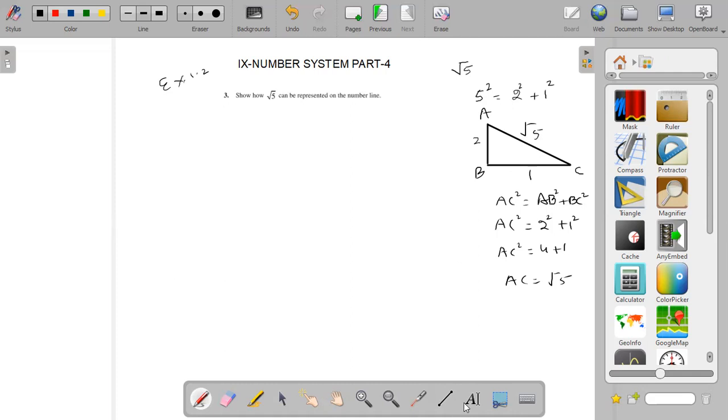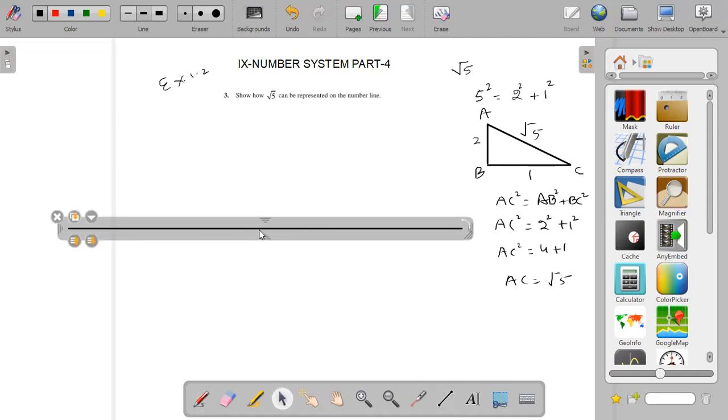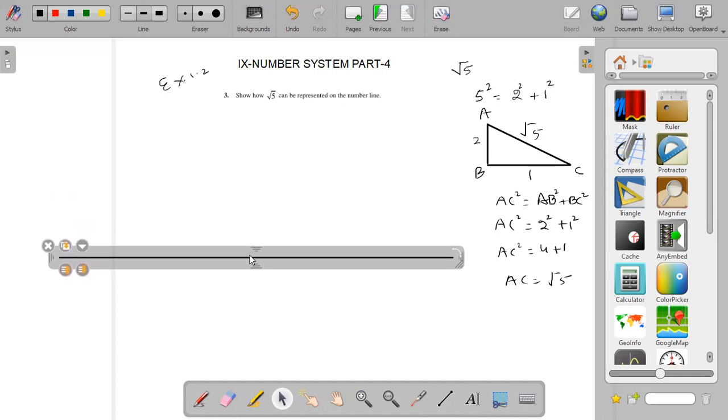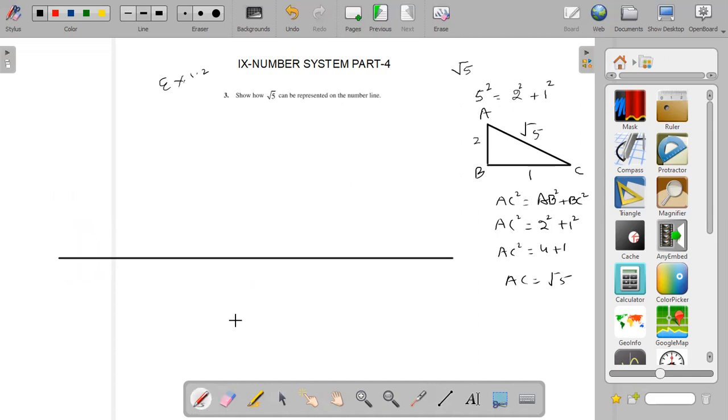Okay, so what we will do, we will make a number line. Just make a number line and mark points on the number line at an equal distance. You can take 2 units here.